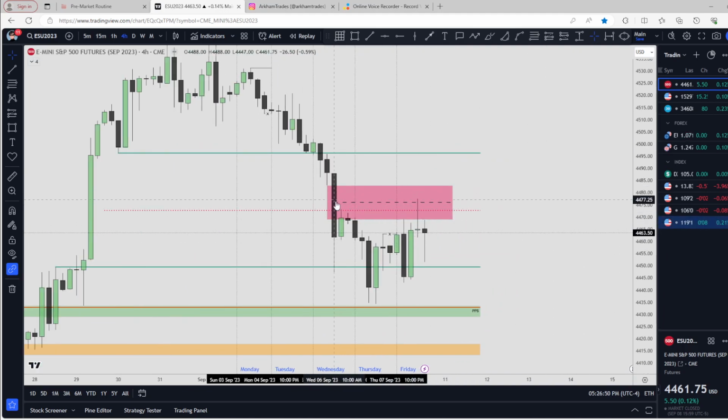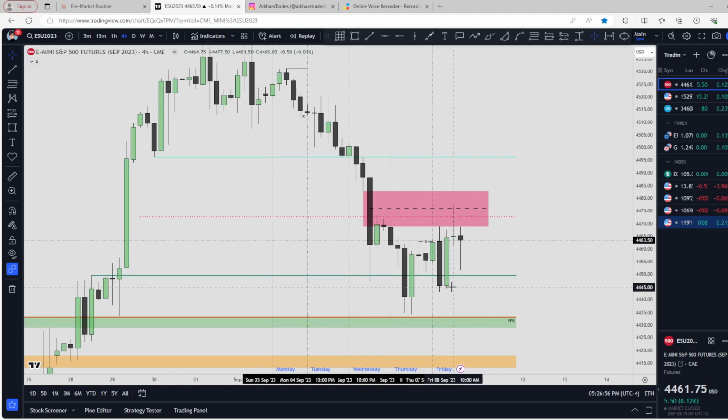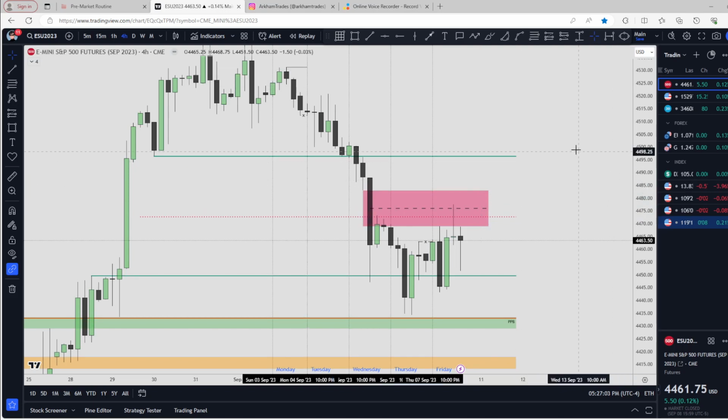So seeing this open, it has to come back up here eventually. And since we had that SMT divergence with the Dow Jones, that's where we'd like to see price come back up into. So H4, we had our drawn liquidity, which was this bearish fair value gap.